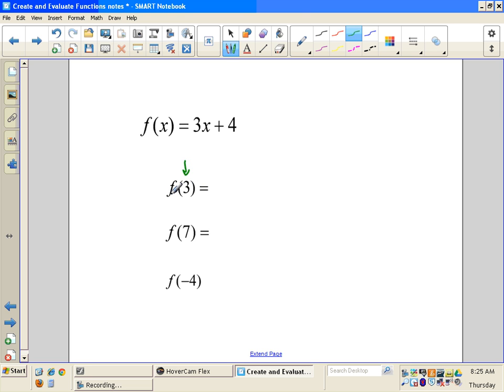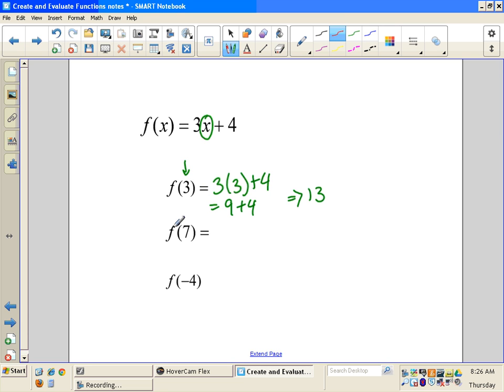So this says, what if I put 3 into the function f? So f of 3 equals, and what you do is you take your function, but instead of where the x is, you're putting in your input. In this case, it's 3 times 3 plus 4, and we know 3 times 3 is 9 plus 4, and so my output is 13.